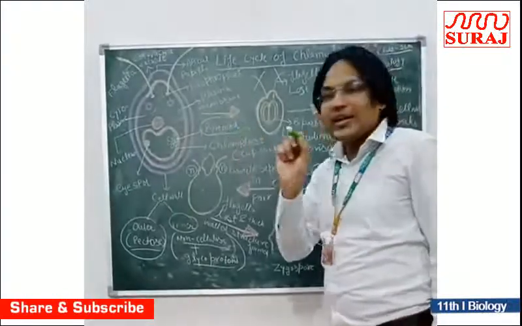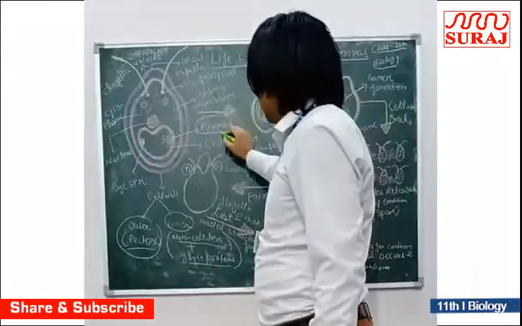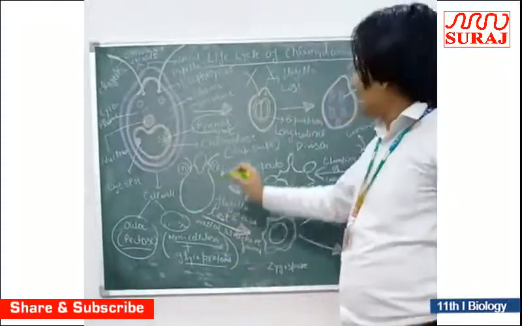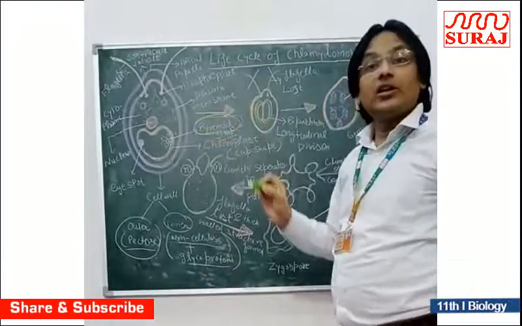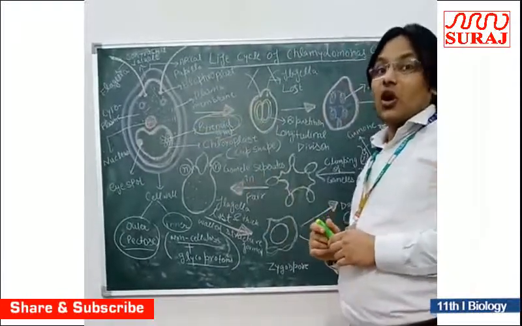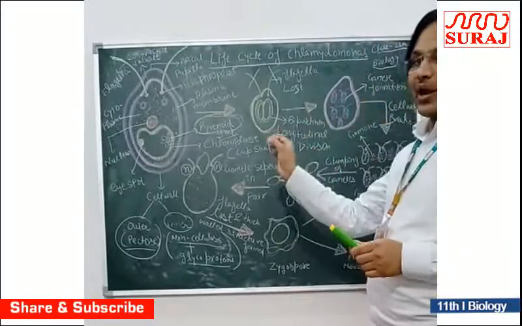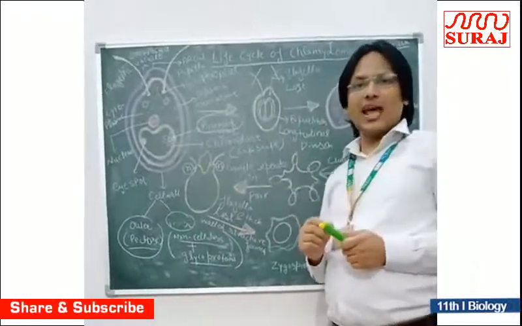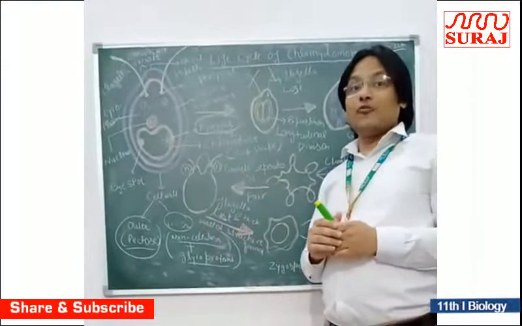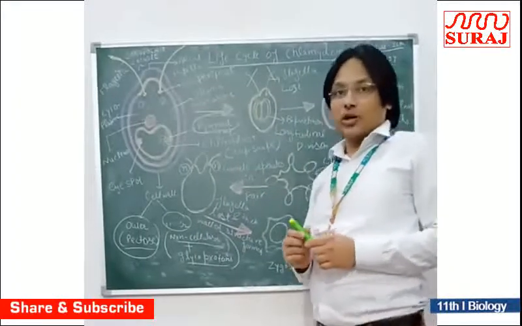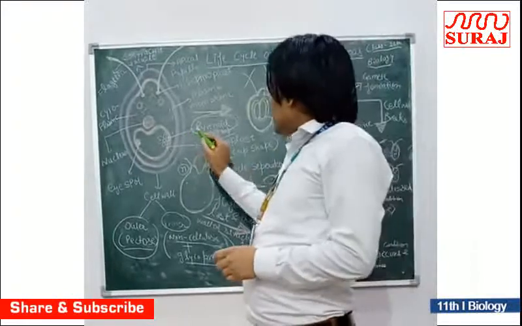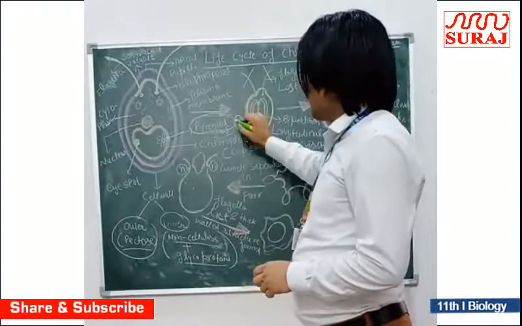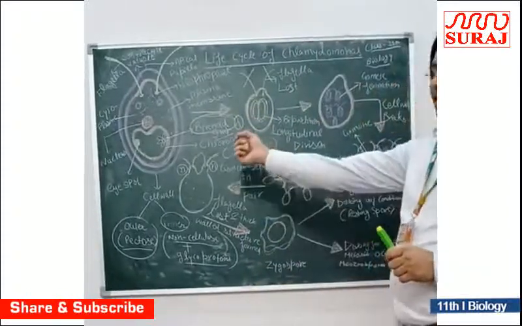Very important question for competitive examinations: the starch storing bodies, pyrenoids, are the reserve food material in green algae, in Chlamydomonas, a unicellular, flagellated green alga. The number of pyrenoids is only one in the chloroplast.